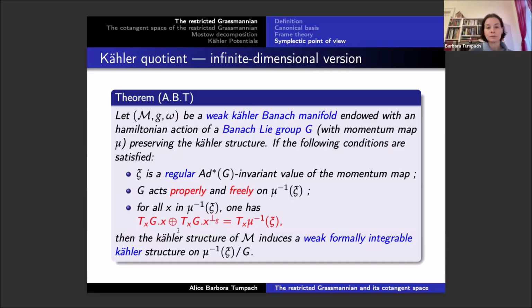So we have to ask for this condition in order to be able to get a Kähler structure on the quotient and also a smooth quotient. So in this case, the quotient will be a weak formally integrable Kähler structure.